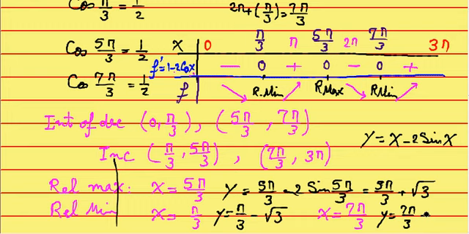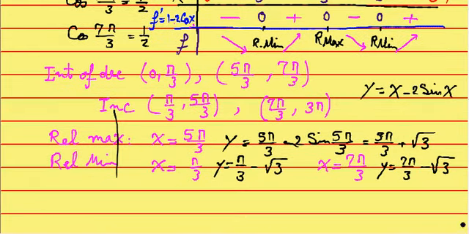Again we get minus twice sine of that, becomes minus radical 3. So these are relative max and min. X of it 5 pi third, that's relative max. Y of it 5 pi third plus radical 3, these are relative mins. Here is one location, here's another location.